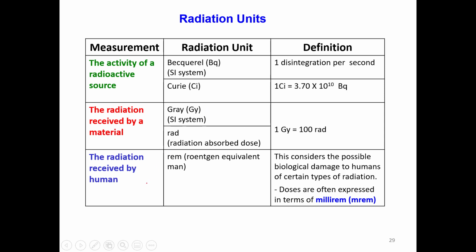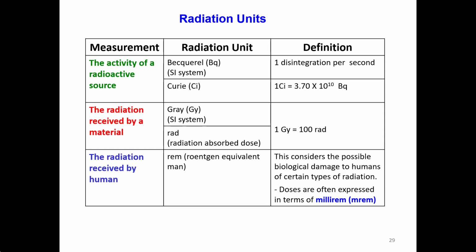And the last one is the unit used to measure the radiation received by humans. The unit is REM, Röntgen equivalent man. This is the unit to measure how much radiation is received by humans, and this is important because the value of this unit considers the possible biological damage to humans of a certain type of radiation.